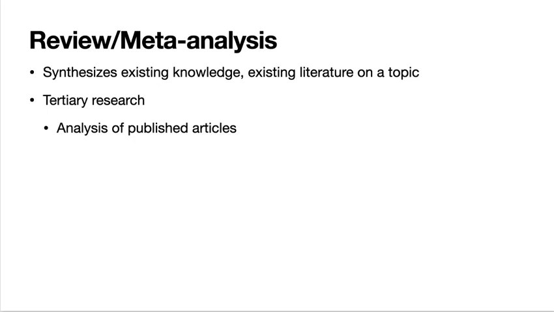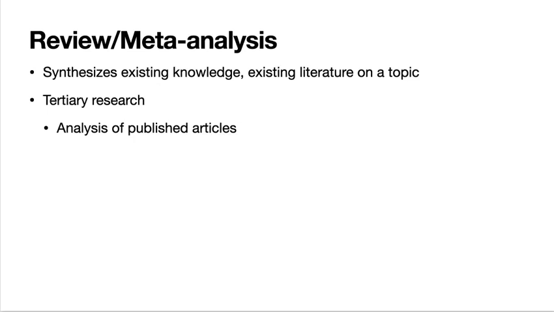You collect a bunch of journal articles about a certain topic, and then you report what you found out of those journal articles. Now, a systematic review is very systematic about the way the journal articles are collected, and which ones are included and which ones are not included, and how to analyze them and everything. But it is a valid study design.